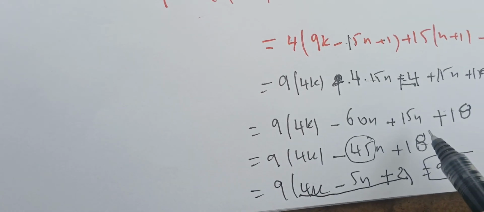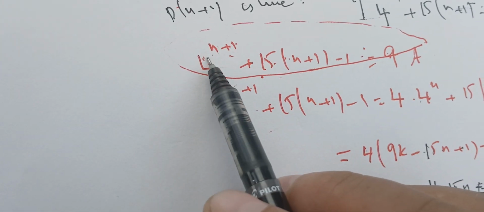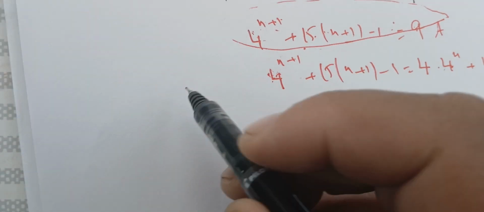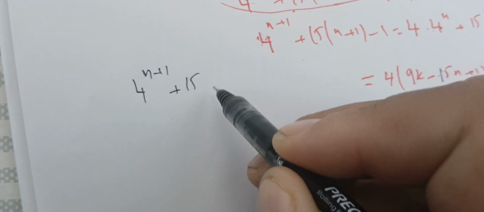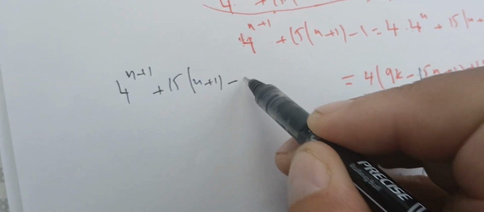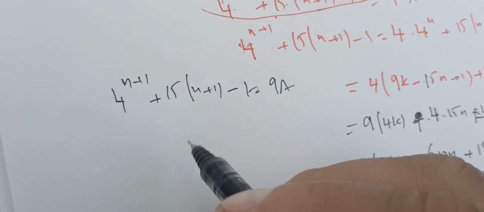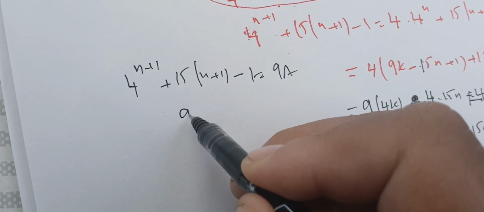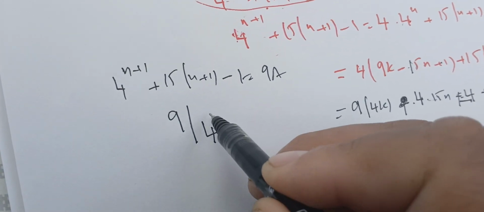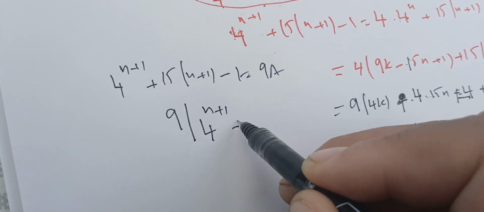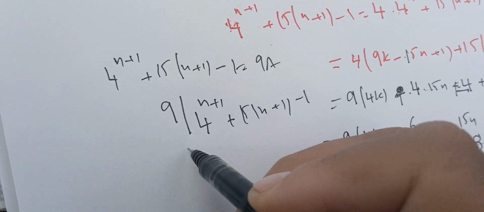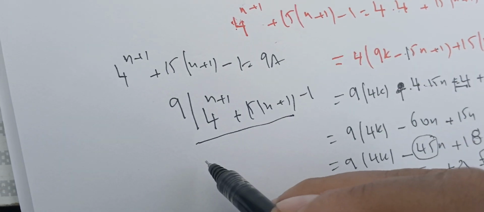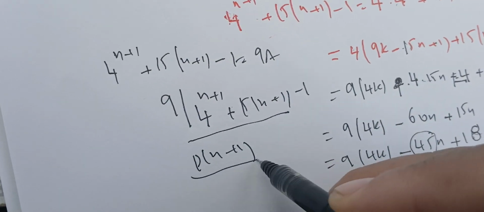And therefore 4^(n+1) + 15(n+1) - 1 is 9a. What does it mean? That means 9 divides 4^(n+1) + 15(n+1) - 1. And that means P(n+1) is true.